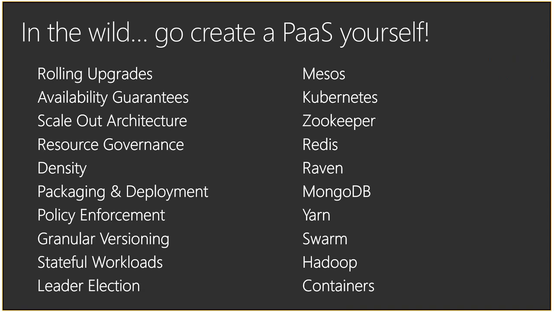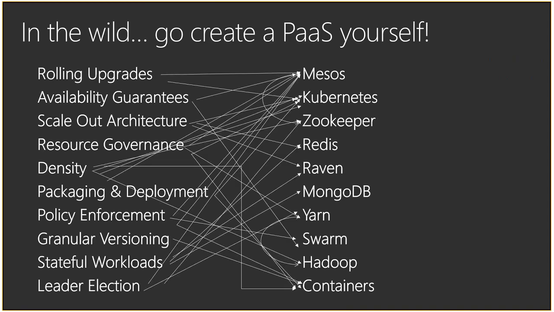You need the ability to do rolling upgrades, to scale out your application, to have both stateless and stateful workloads, and the ability to deploy and version your application. And if you want to do that at the open source level, that's the tooling that you need.